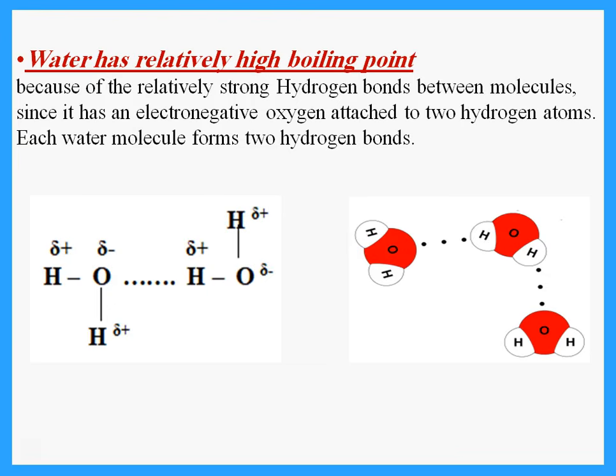Remember that each molecule of water forms two hydrogen bonds. So this will have a higher boiling point than another molecule that forms hydrogen bonds, one per molecule. So remember that the number of hydrogen bonds per molecule will also determine how high the boiling point is. So water will have a higher boiling point than something like ethanol, for example.